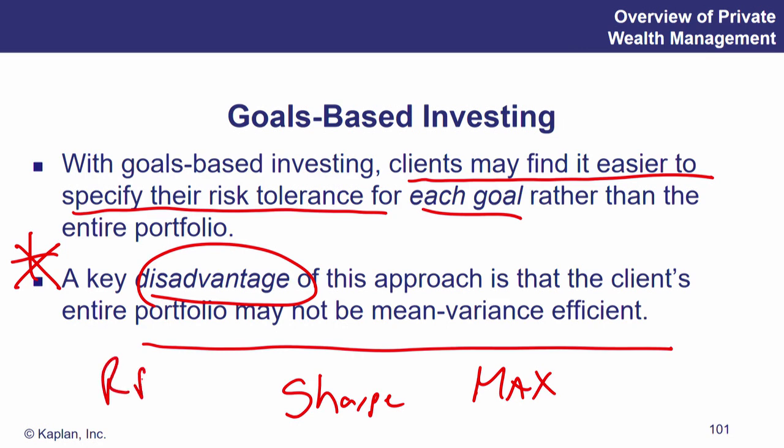So our return of the portfolio minus the risk-free rate over the standard deviation of the portfolio is not as high as it could be. But again, most likely the clients are going to find this easier to understand, and they're going to feel more comfortable with it because they can specify for each of the portfolios what their risk tolerance is.